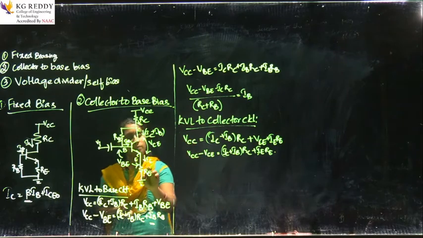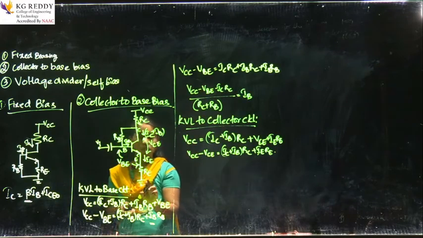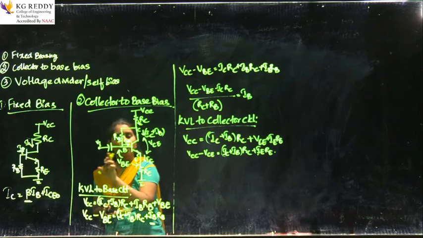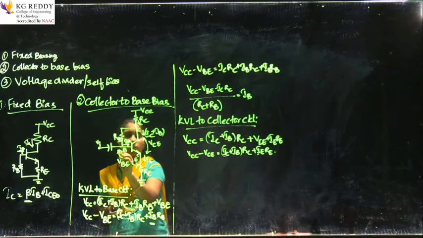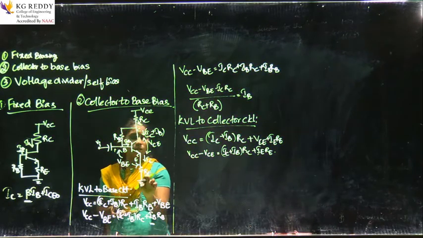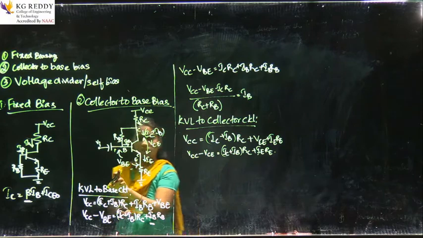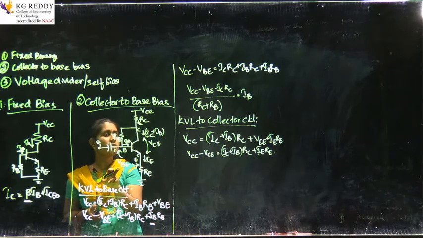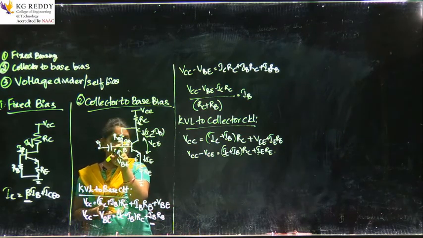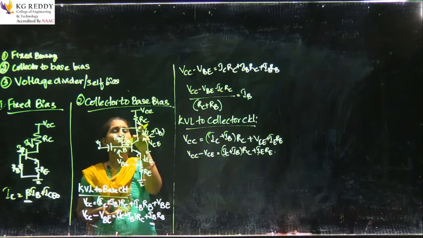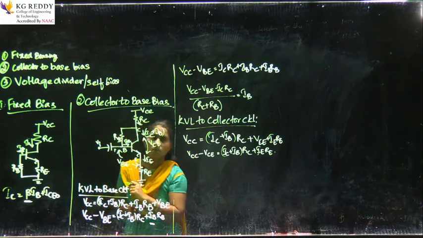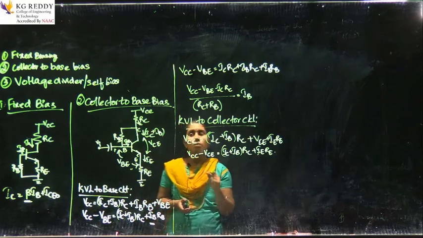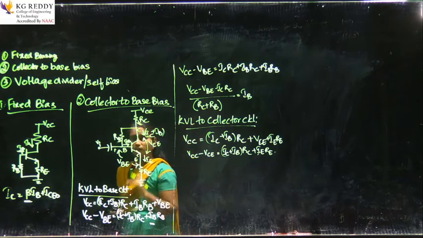As the voltage drop across IE RE increases, there would be a fall in VBE. When VBE starts decreasing, IB reduces. When IB reduces, automatically the collector current starts reducing.